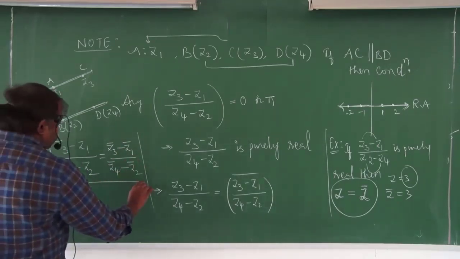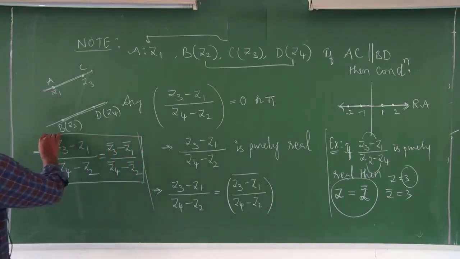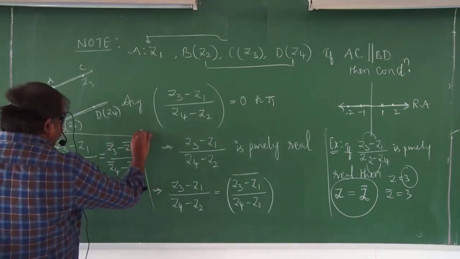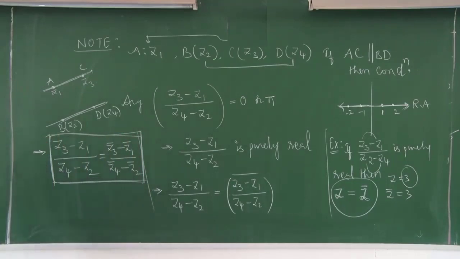Even this condition is important. Sometimes they directly give this condition, then ask to find the angle between the lines joining z1 z3 and z2 z4.